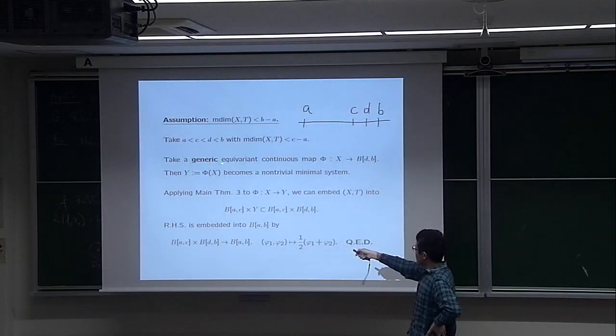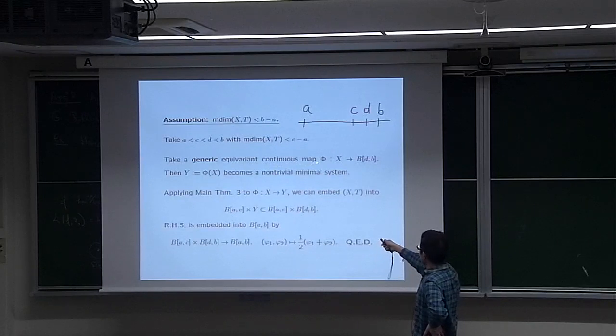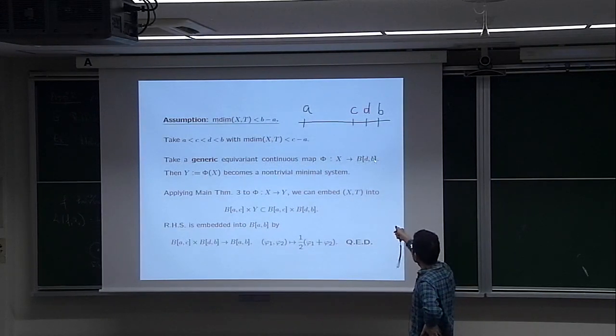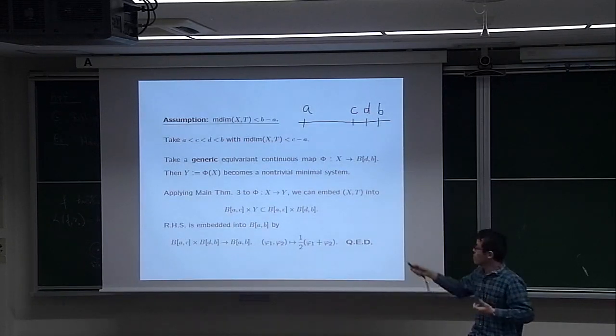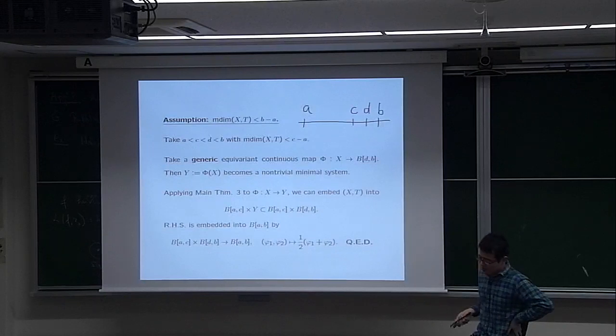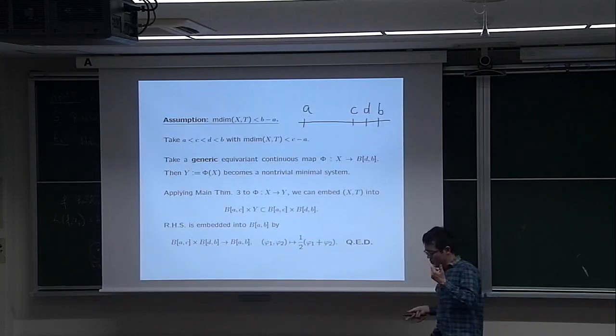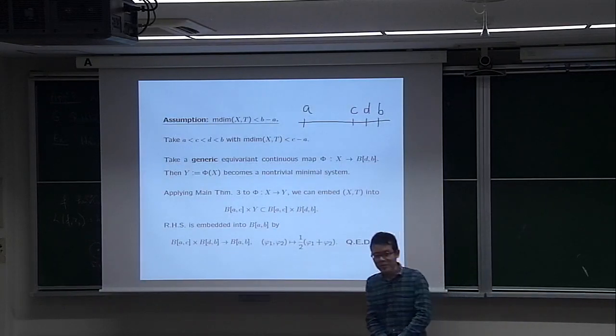And next, we take a generic equivariant continuous map from X to B_{[D,B]}. So B_{[D,B]} is here. I don't want to explain the precise meaning of this generic. But anyway, we take some generic map.